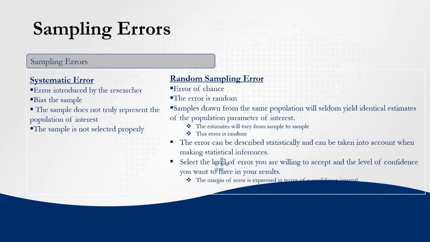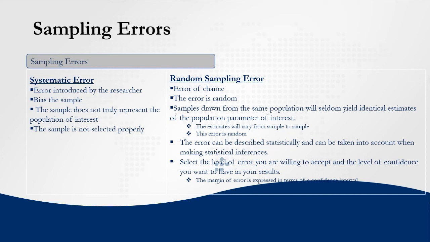Or even when you can't use a probability approach, you don't apply your mind when you're doing your convenience sampling to put controls in place. So you are introducing errors, and they are systematic.